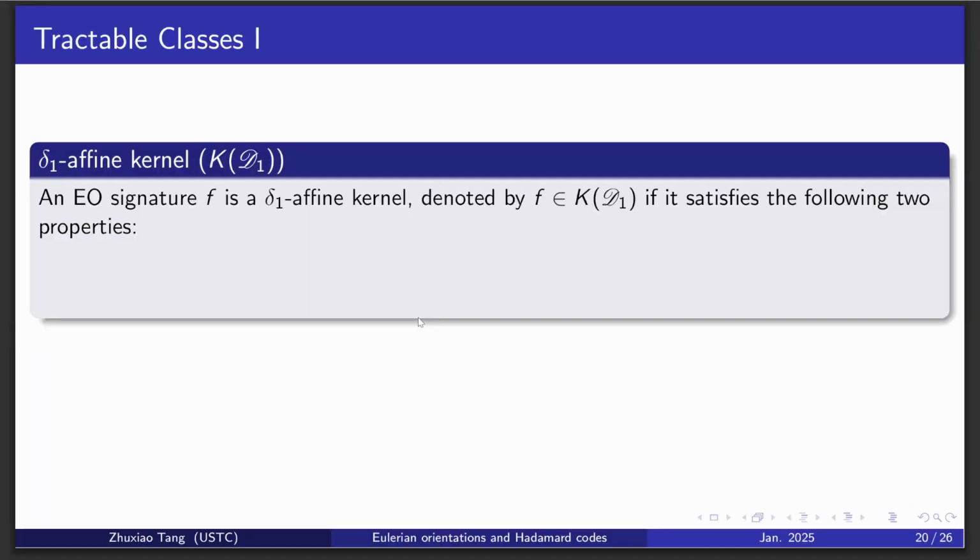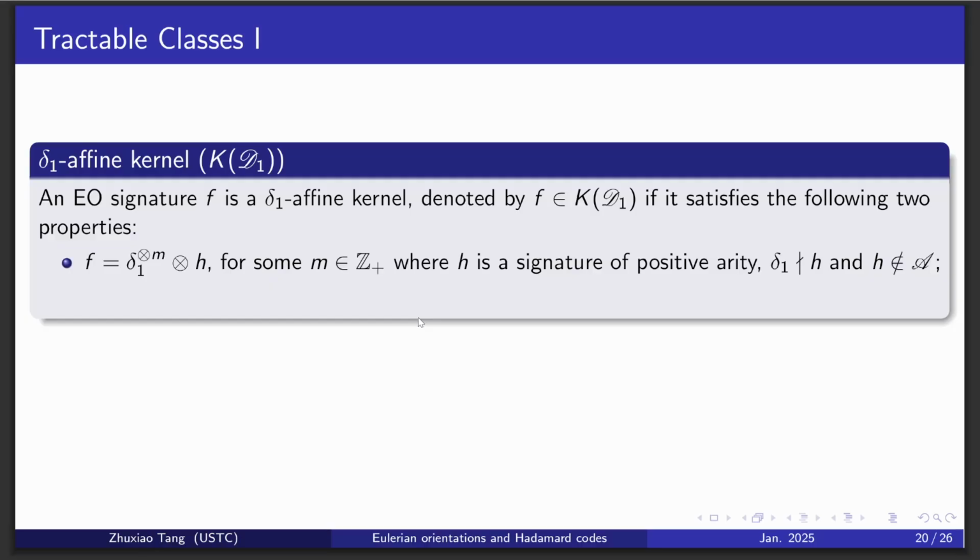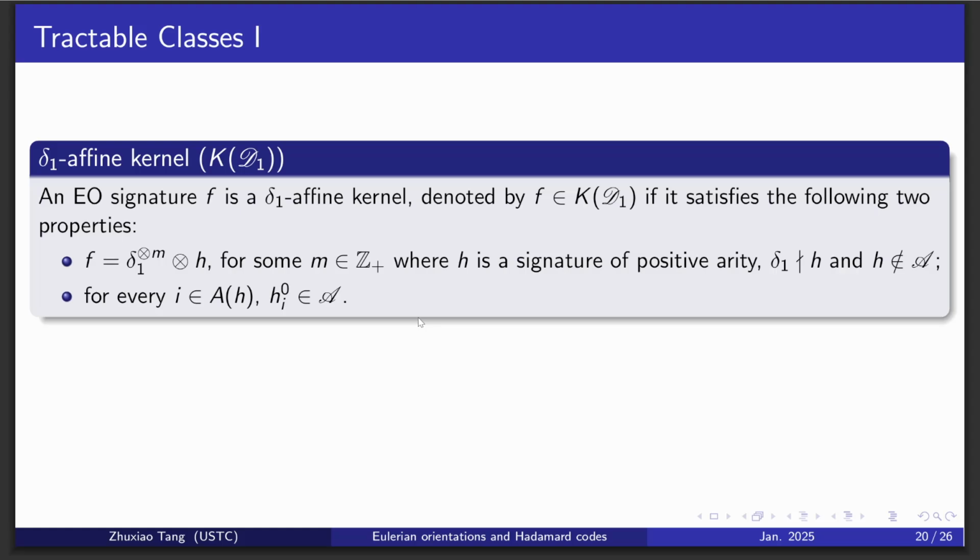And in the analysis of the chain reaction algorithm, we only use two properties of the Hadamard code. First, there is a column of the Hadamard code fixed to be 1, corresponding to one outgoing edge. And second, after pinning 0, the Hadamard code becomes affine. So we extract these two properties to define the so-called delta 1 affine kernel signatures.